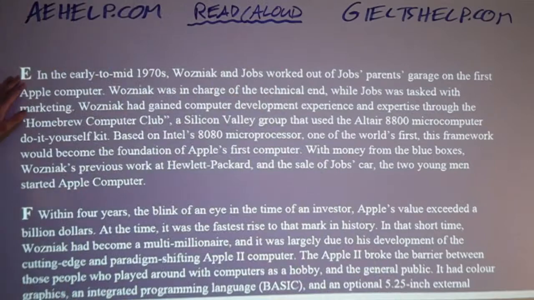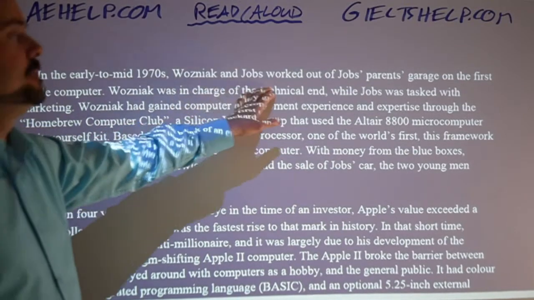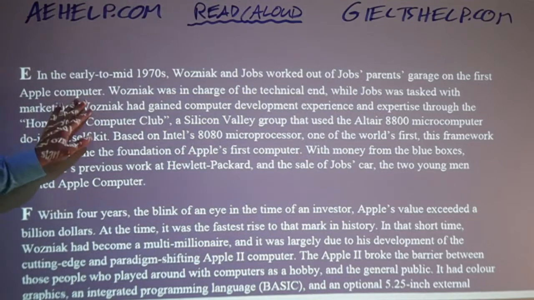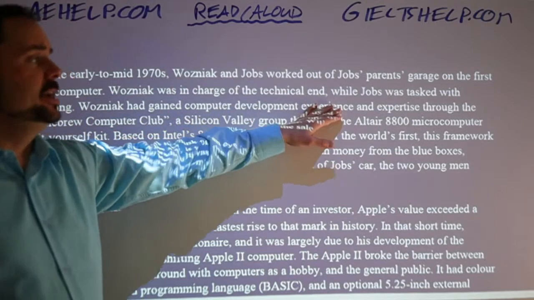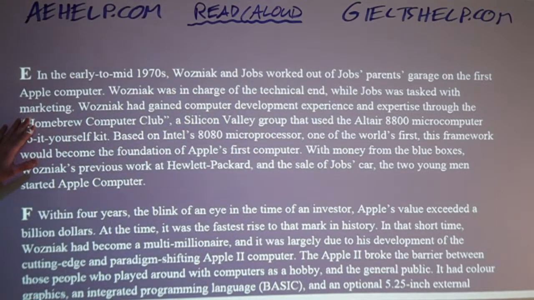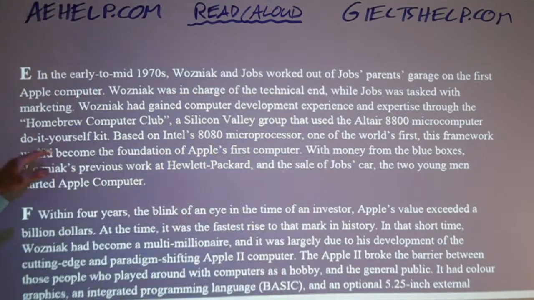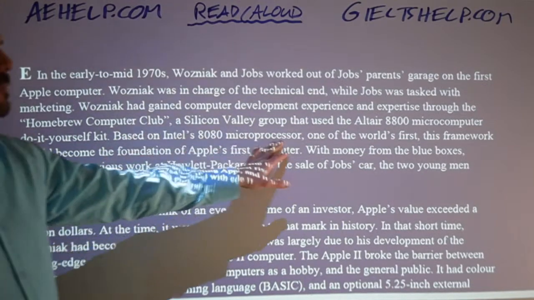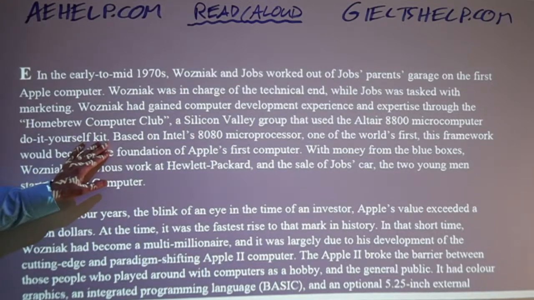E. In the early to mid 1970s, Wozniak and Jobs worked out of Jobs' parents' garage on the first Apple computer. Wozniak was in charge of the technical end while Jobs was tasked with marketing. Wozniak had gained computer development experience and expertise through the Homebrew Computer Club, a Silicon Valley group that used the Altair 8800 microcomputer do-it-yourself kit.